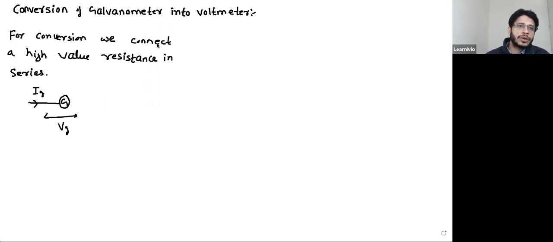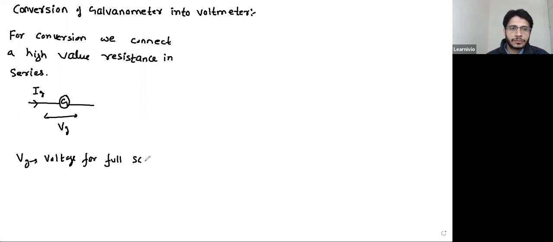See, if I take the case when you have only the galvanometer, no resistance, then the current passing through the galvanometer is Ig. Its resistance is G, so the voltage drop across the galvanometer is Vg. Vg we call voltage for full scale deflection, the maximum voltage that you can measure using this galvanometer.